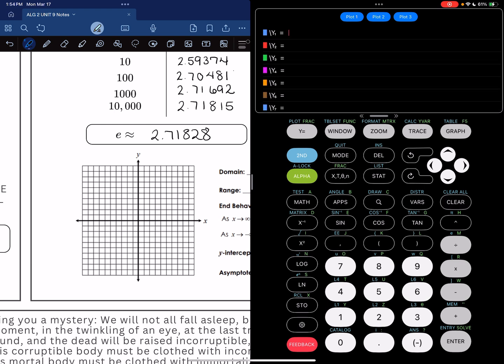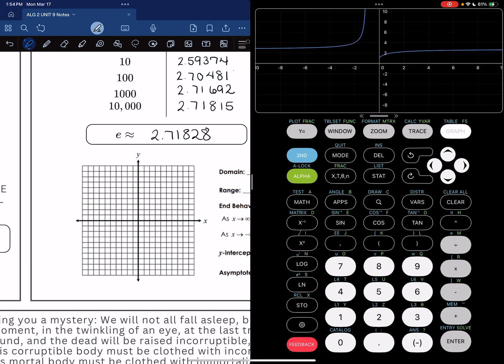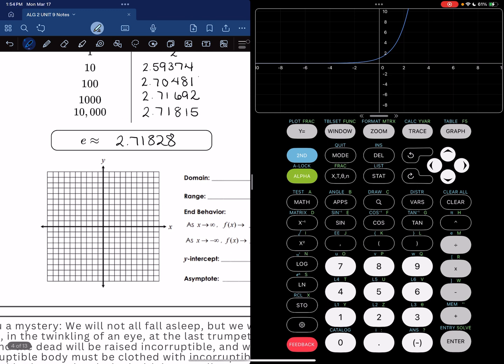When we take E, which is this button here, kind of between 7 and 4, it's in blue, so I need to press my blue key first, the second key, and then raise that to the x power. And then we'll graph it. You see it's got that typical exponential curve where it's very flat and then grows very quickly.